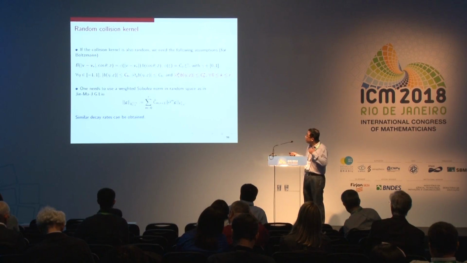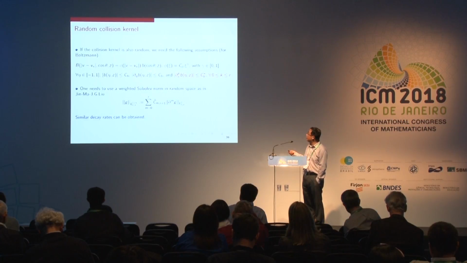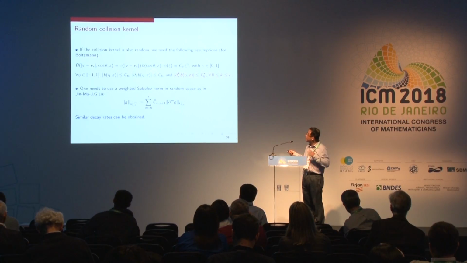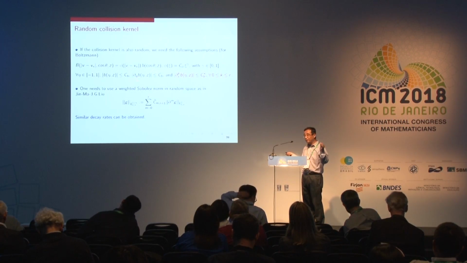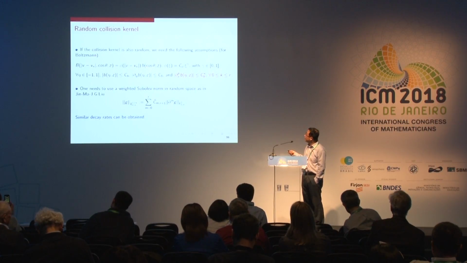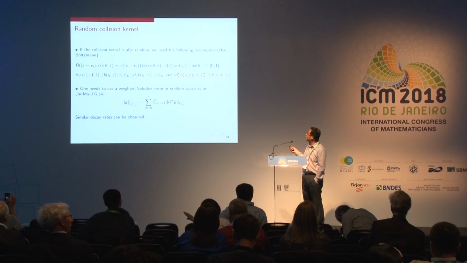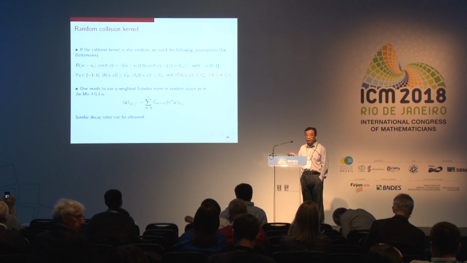It depends on the relative incoming velocity of two particles, and some other things, where sigma is the relative angle between relative incoming and relative outgoing velocities. These are completely empirical, so we assume that it depends on some random input. And with this gamma, we can only do the case when gamma is positive, which corresponds to hard potential.